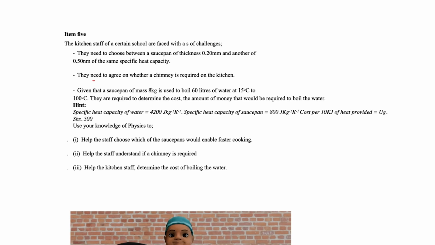Item 5, let us go through it together. The kitchen staff of a certain school are faced with challenges below. The first challenge is they need to choose between a saucepan of thickness 0.2 millimeters and another of 0.5 millimeters of the same specific heat capacity.